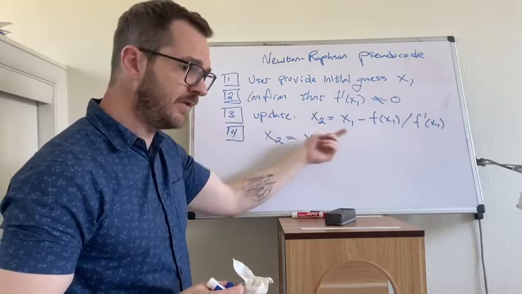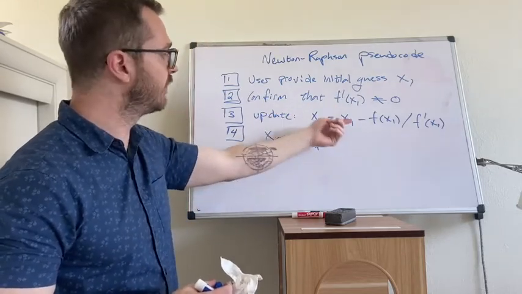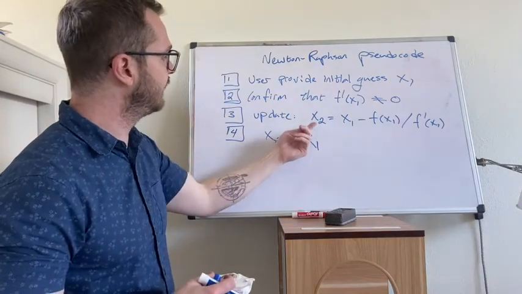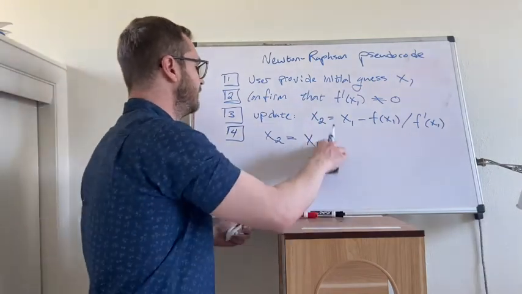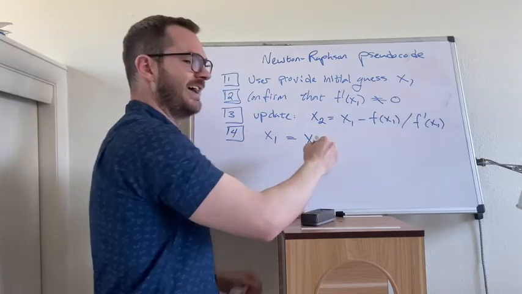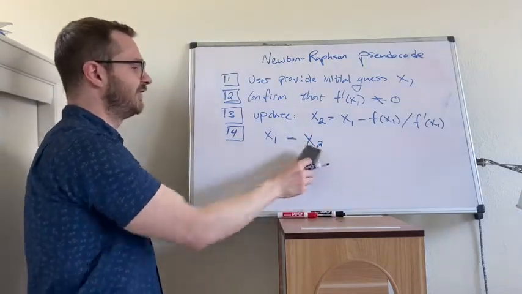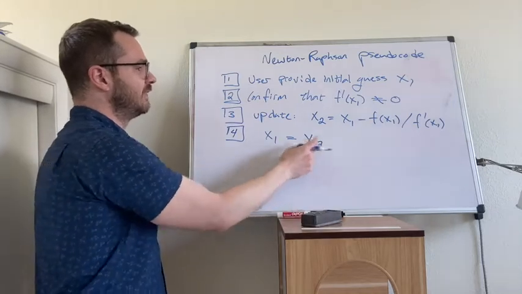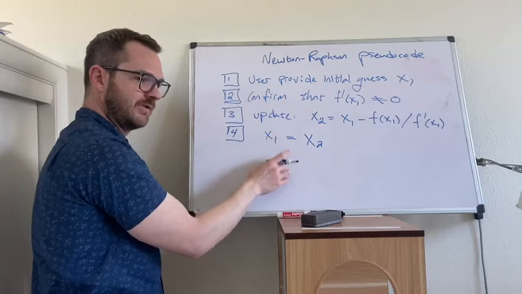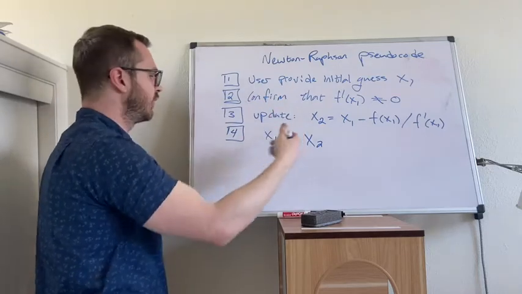We want to repeat this process over and over until we can find the root. So, x1 is equal to x2. We had x1, we went to x2, and now we're saying take that value of x2 and overwrite x1 so that you can repeat this.